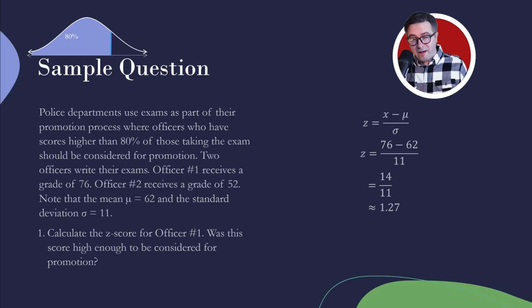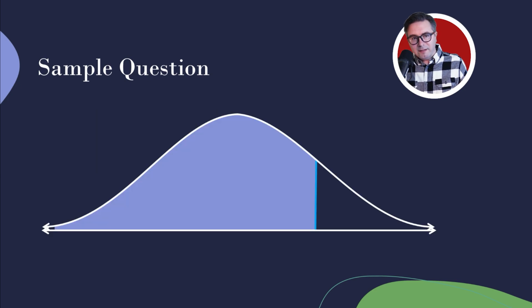The z that they're trying to beat ends up being about 0.8416, but we'll talk about how to get that with the table. Remember, with what we're given, beyond the mean and in between z and the mean, here's the mean, and 50% is to the left, and then there would be 30%.